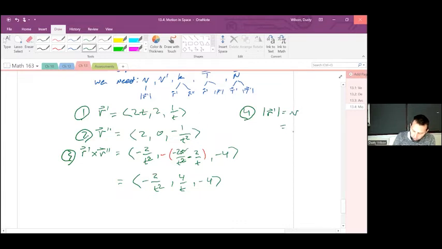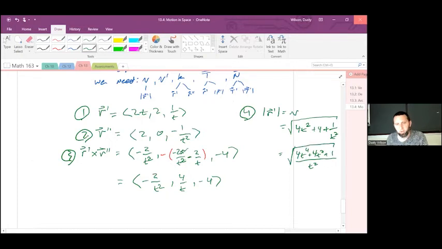So this would be the square root of 4t squared plus 4 plus 1 over t squared, which we could find a common denominator here. This would be equal to 4t to the 4th plus 4t squared plus 1 all over t squared.